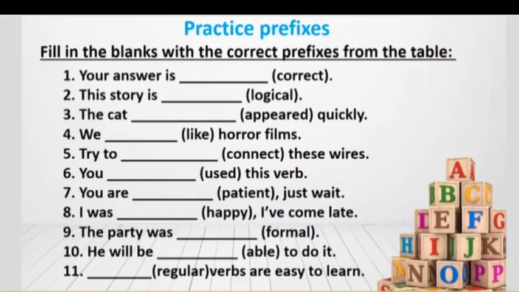Take some time and answer this exercise. Okay? Now, number 1, your answer is incorrect. Number 2, this story is illogical. Number 3, the cat disappeared quickly.